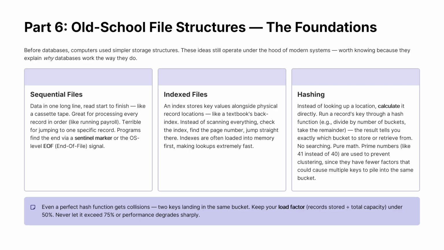Designers handle this by letting buckets grow, or by using overflow areas. The general rule of thumb: keep your load factor, the ratio of stored records to total capacity, under 50%, and definitely don't let it creep past 75%, or performance starts to degrade fast.